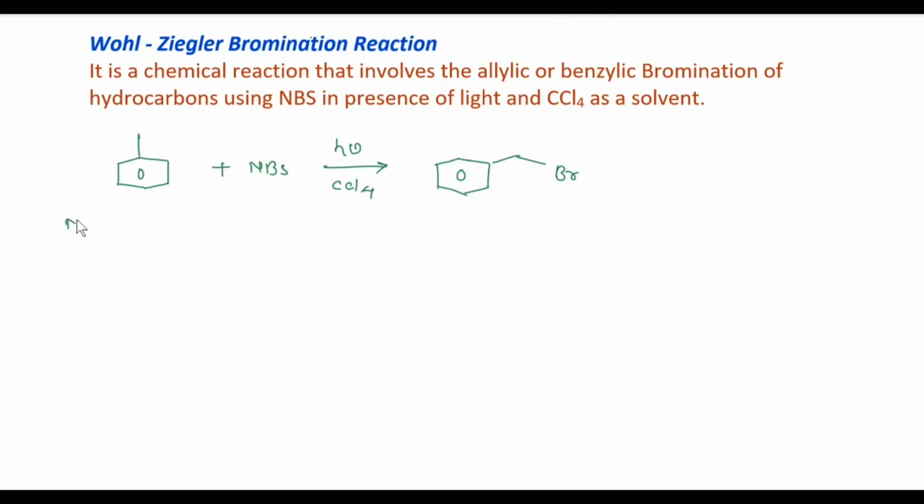So let us see the mechanism of this reaction. In the first step, NBS is irradiated with light. The formation of a radical takes place, plus Br radical. In the next step, this Br radical reacts with this toluene.